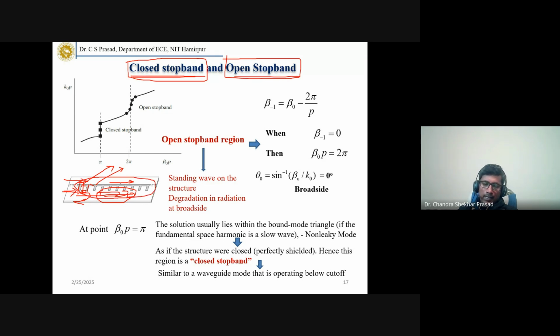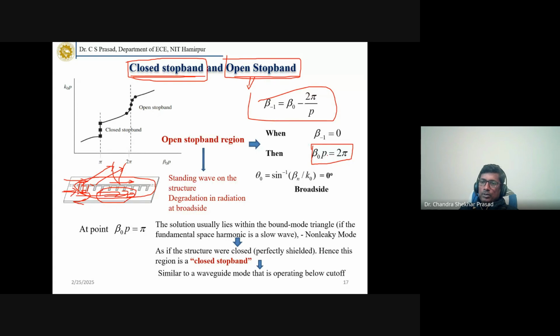At that point, we may have some radiation, but it will degrade drastically. So that is basically not desired. And it will happen when we have beta naught p equal to 2 pi.